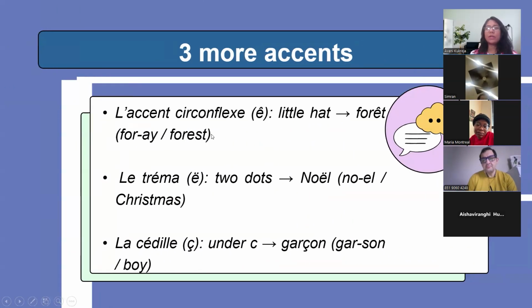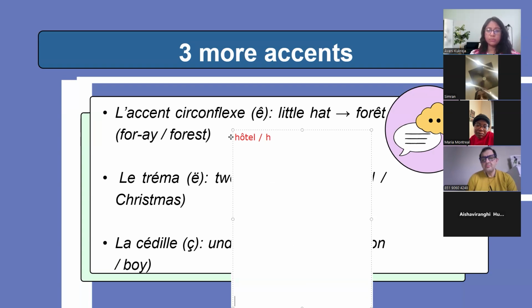Next accent is l'accent circonflexe. Now, circonflexe appears like a small hat over the word, like forêt. Hôtel.